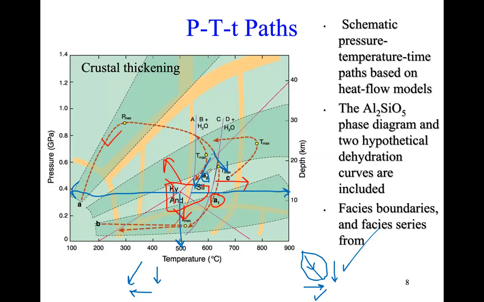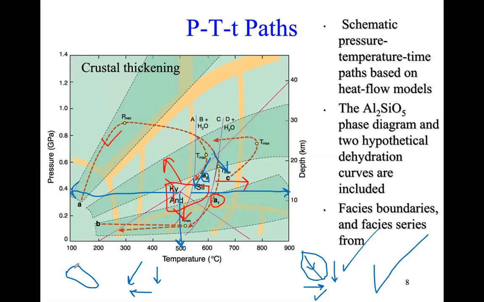But in the other case, you must see abundant sillimanite formation within the rock, in the matrix and inclusions, everywhere you can see sillimanite. In this case, you might see only restricted sillimanite formation.